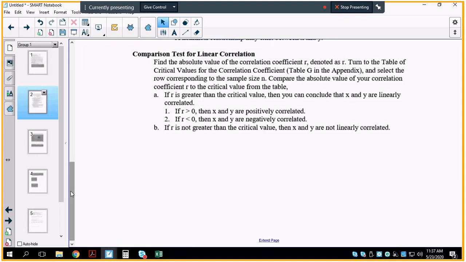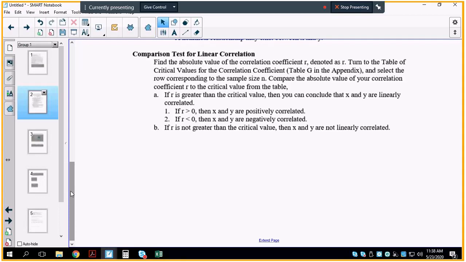After we have found the correlation coefficient, we will do a deterministic test in order to understand whether this correlation coefficient has any significance in the study of the relationship. And the process is described here. The process is pretty simple. It says, first, when you have found the correlation coefficient value, you are going to find the absolute value of it.